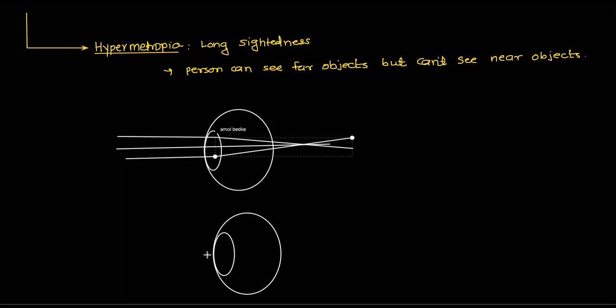You can see in the diagram how the image is getting formed, or these rays are converging not on the retina but beyond the retina.